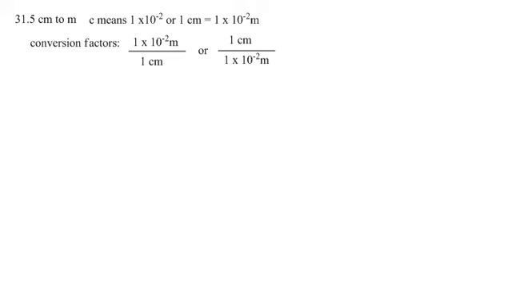So we start by taking our 31.5 centimeters and we multiply that by a conversion factor that's going to cancel out our units in a way that we're left with what we want.